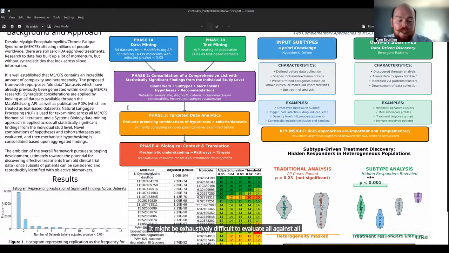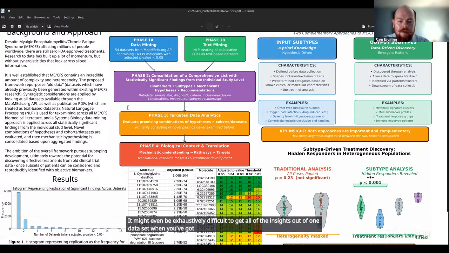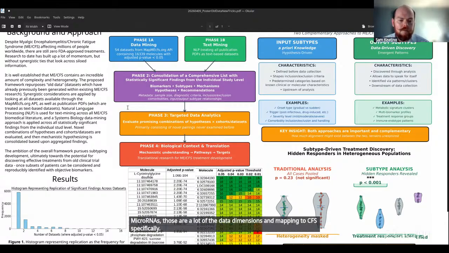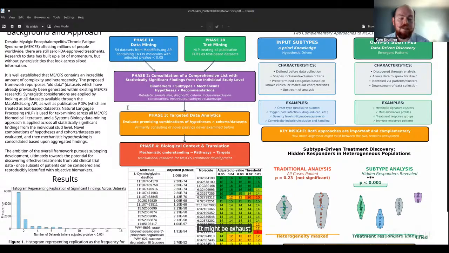It might even be exhaustively difficult to get all the insights out of one data set when you've got multi-omics, where you've got all the proteins and genes and transcripts of mRNA that get expressed, and the epigenetics, microRNAs. Those are a lot of the data dimensions in mapping the CFS specifically. It might be exhaustively difficult to take all these significant findings and place them into biological context.